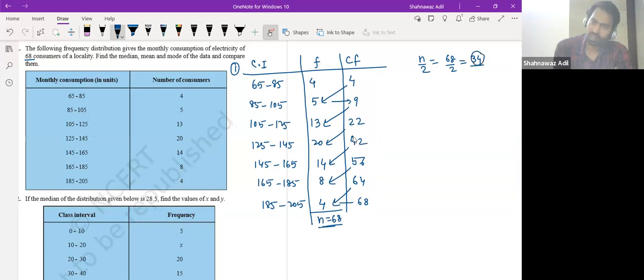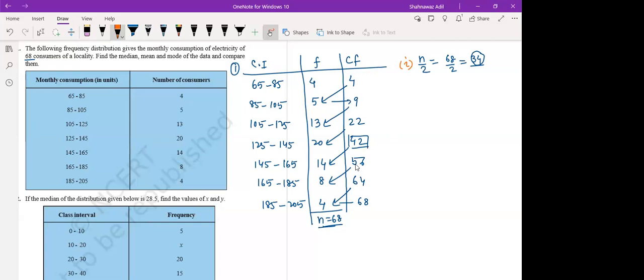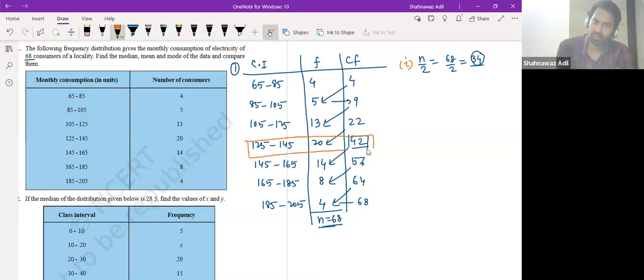This part is greater than and nearest to 34, right? Understood, everyone? Yes, guys. Understood. Yes, sir. So this would be our median class.